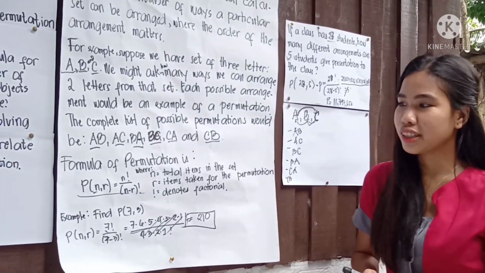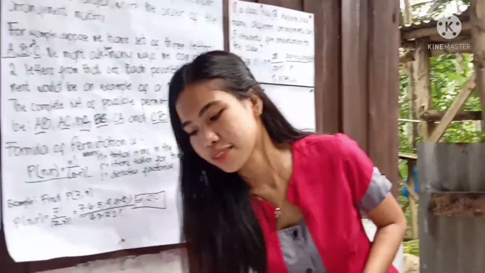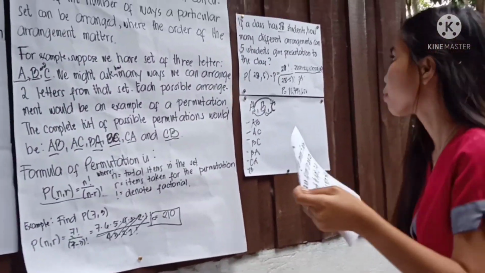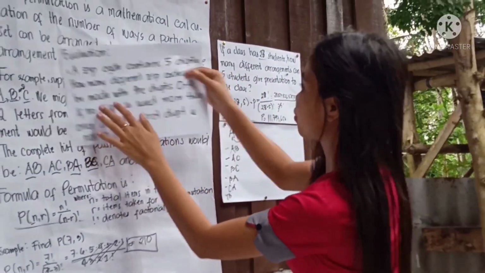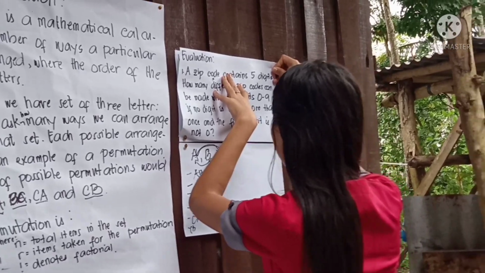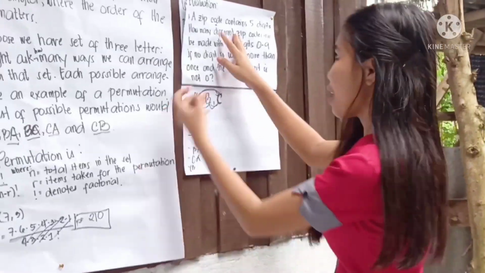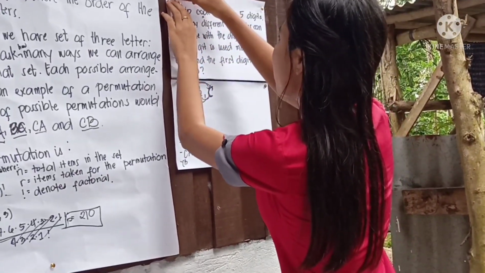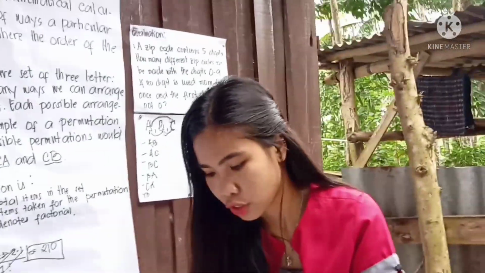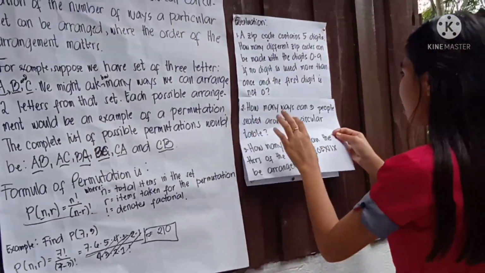Okay, so I will give you an individual activity. Get one whole sheet of paper and answer this. You will only have 10 minutes to answer the evaluation. You may start now, and after this, we will check your answers.